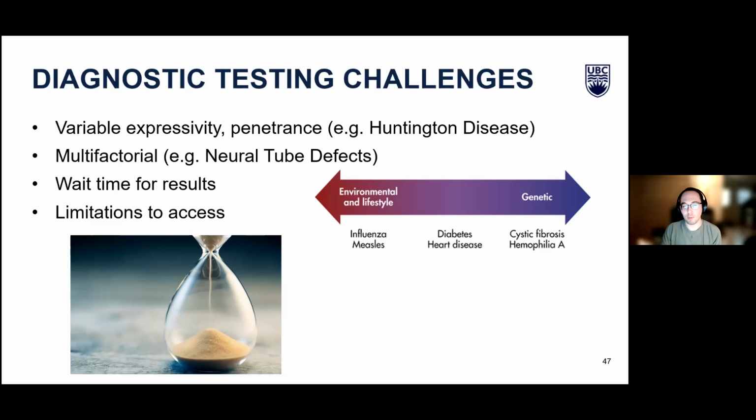So that becomes problematic. Say we do cascade testing, they have a relative that was diagnosed with Huntington disease, then they got the genetic testing and were found to have the same mutation, they might believe, okay, I'm going to develop Huntington disease later on in life, but unfortunately, it's not as clear as that.